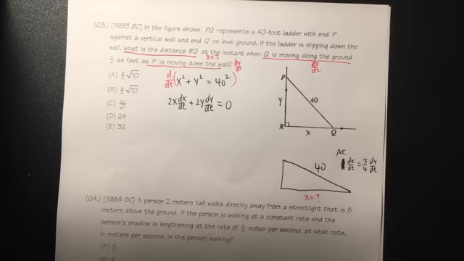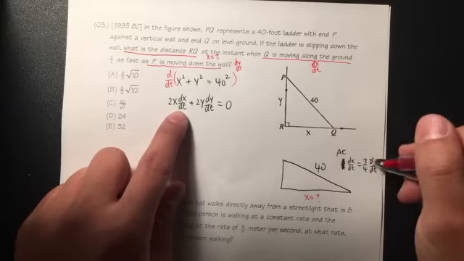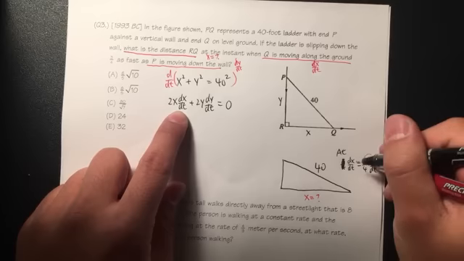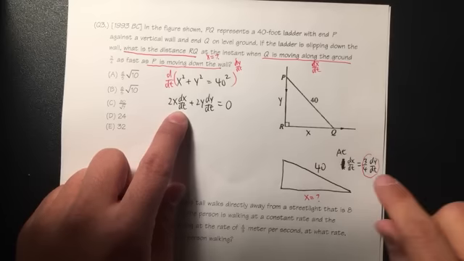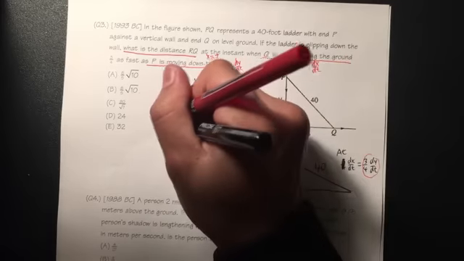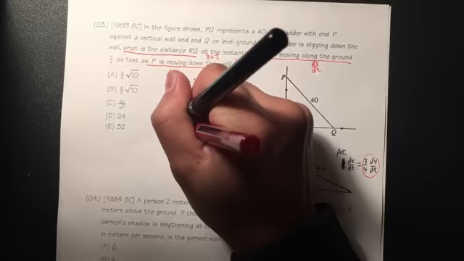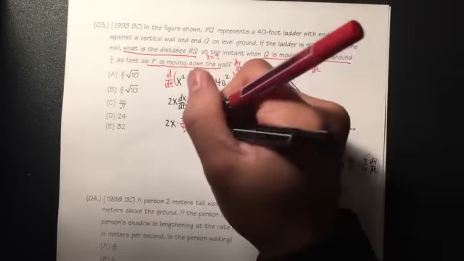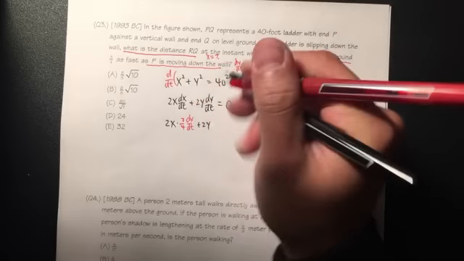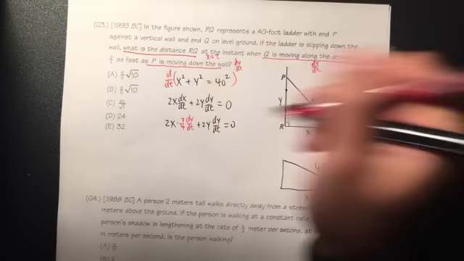Let's see what we can do. We know dx/dt is the same as 3 over 4 dy/dt, so I can plug this back in here. I will put down 2x times 3 over 4 dy/dt, and then add 2y dy/dt, and this is equal to 0.